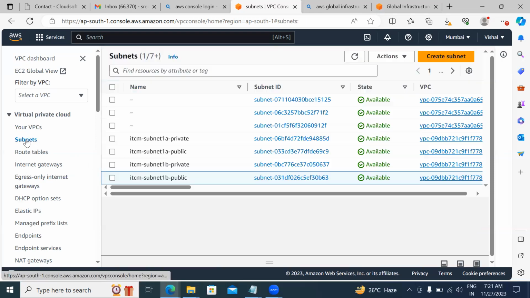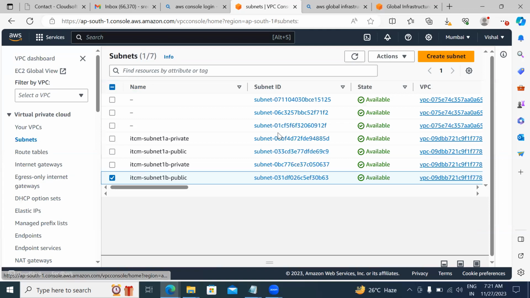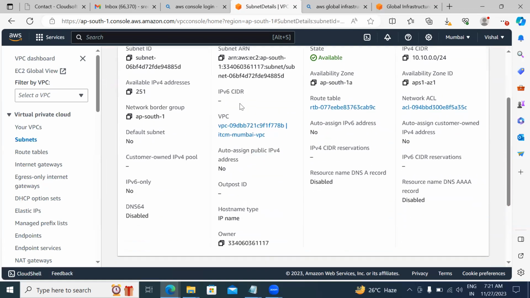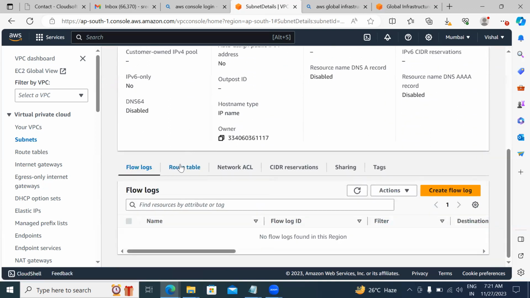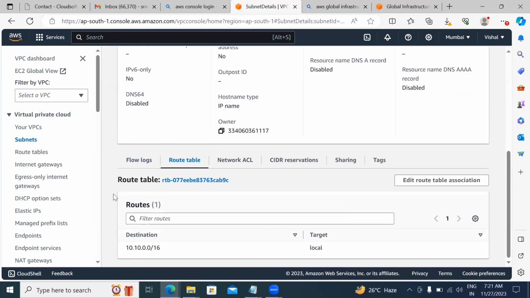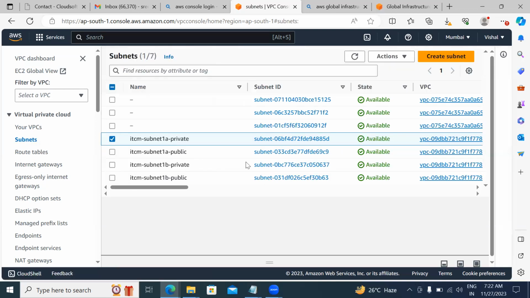Whether it's a public subnet or private subnet, how we can tell is, I go to that subnet, I see the route table, and by seeing this route itself, I can tell whether it's a public or private subnet. Can you tell me whether this is a public subnet or private subnet? Private. This is private. With the name, we shouldn't tell.